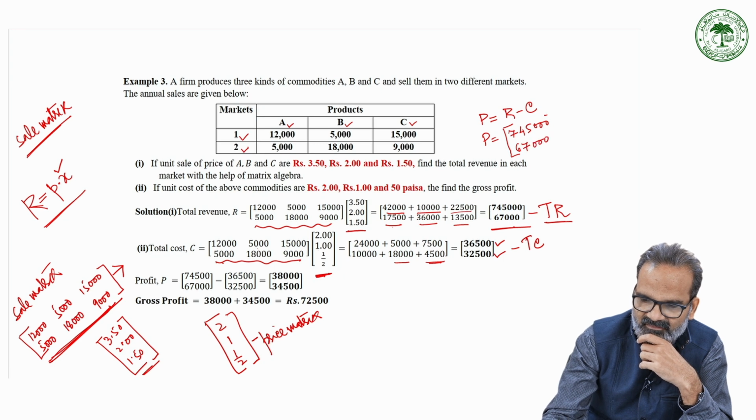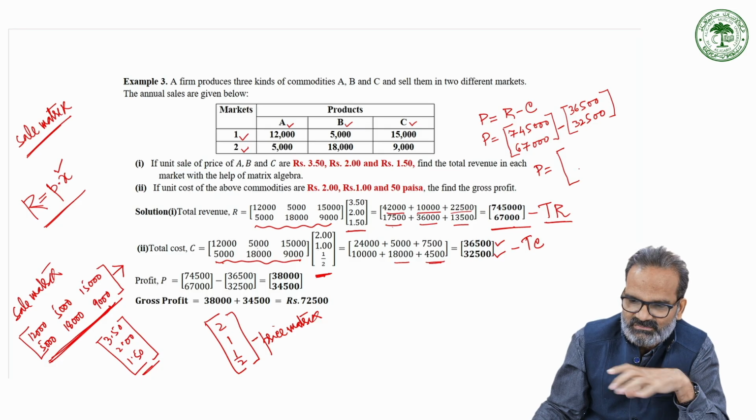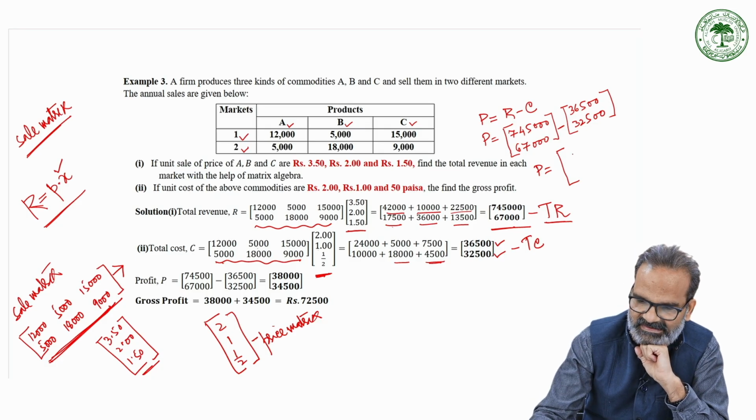This is the total revenue. Minus the cost, which is 365,000 by market 1 and 325,000 by market 2. So the difference of these two matrices will give you the profit generated by the two different markets 1 and 2.